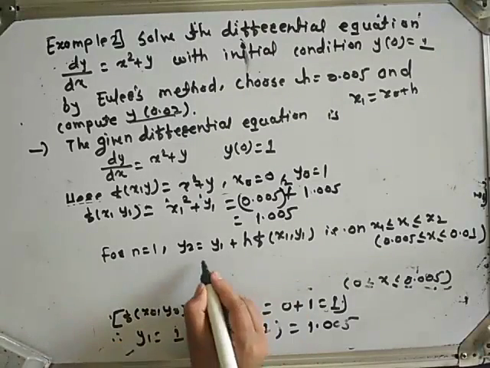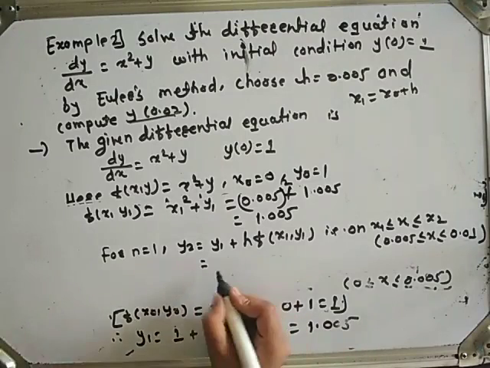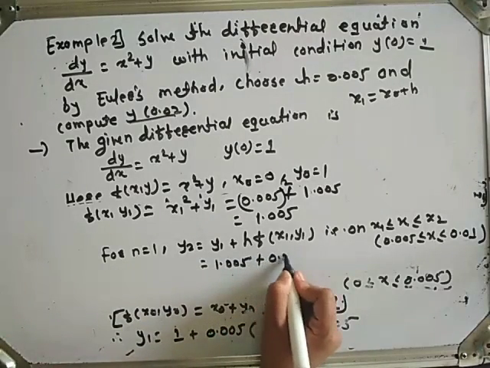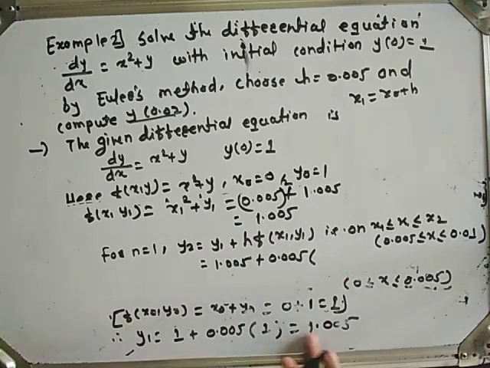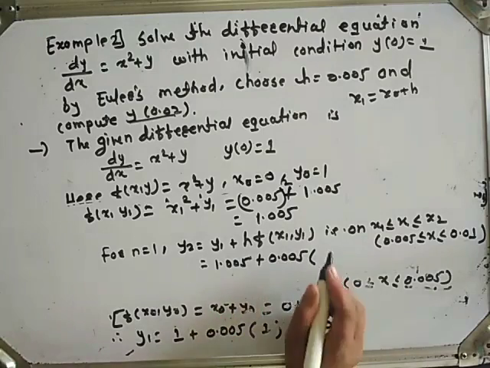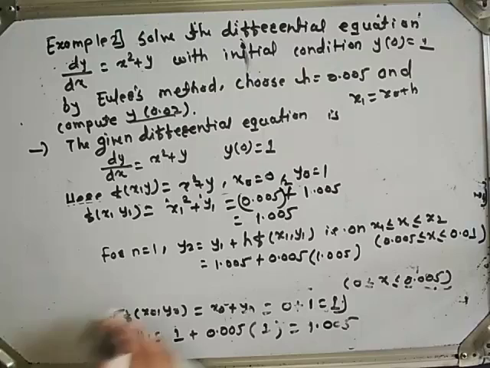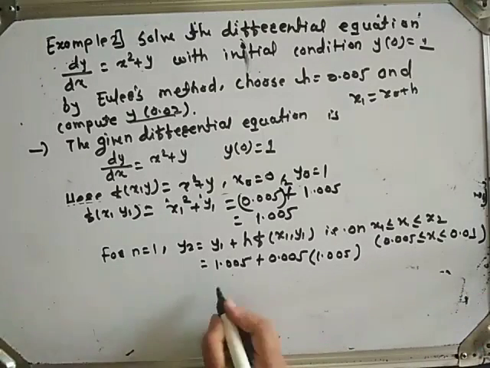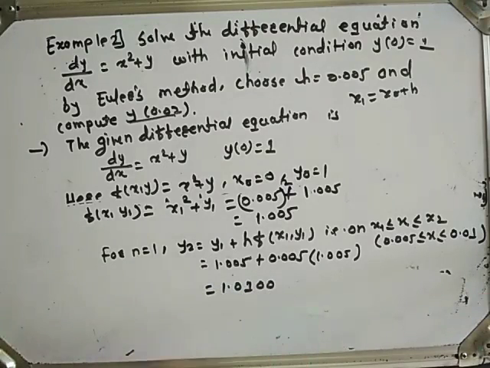Put the values. y1 is 1.005 plus h, 0.005, into f of x1 y1, which is 1.005, which equals 1.0100.